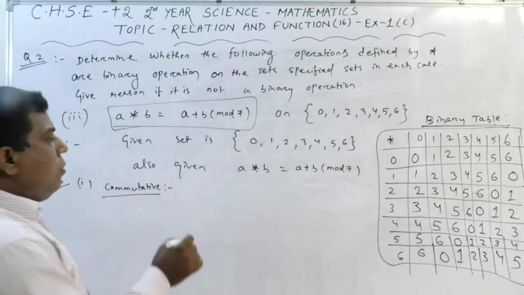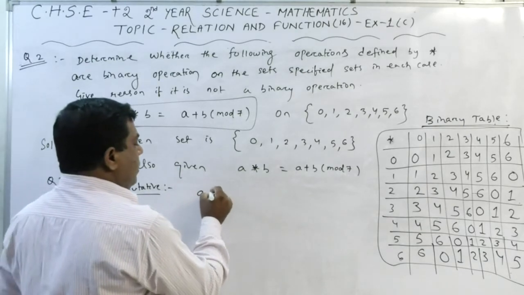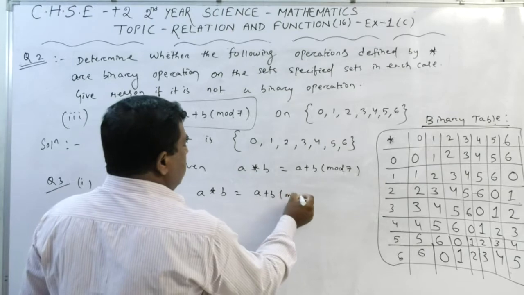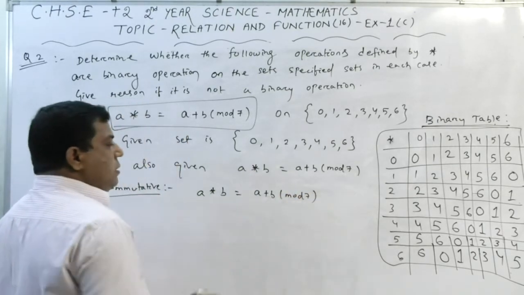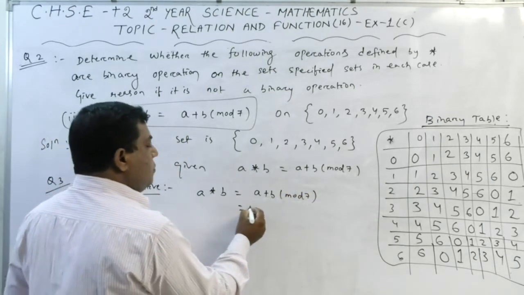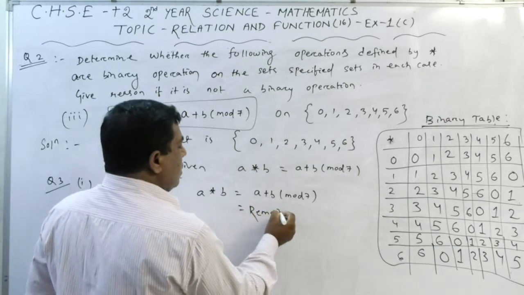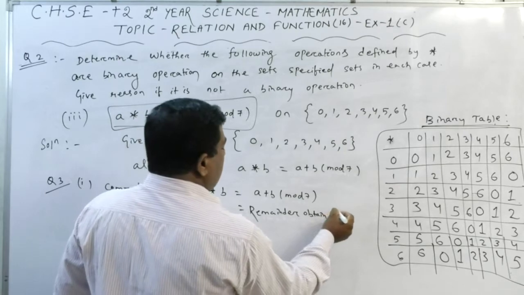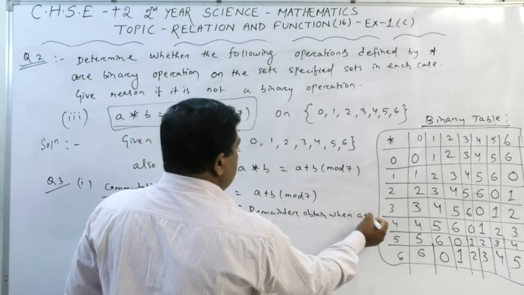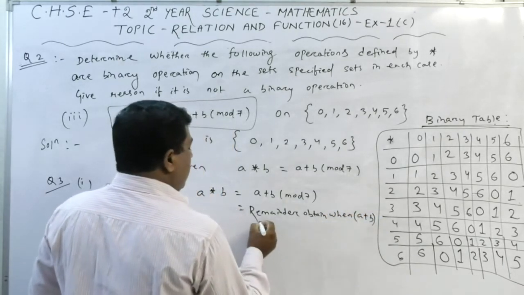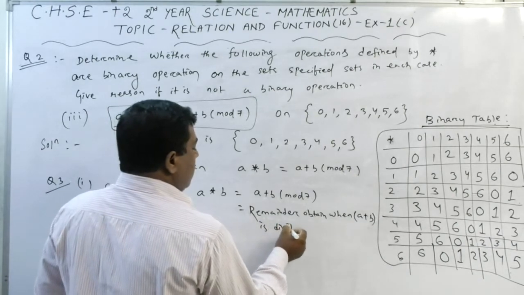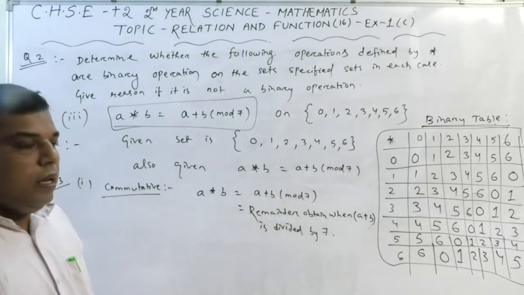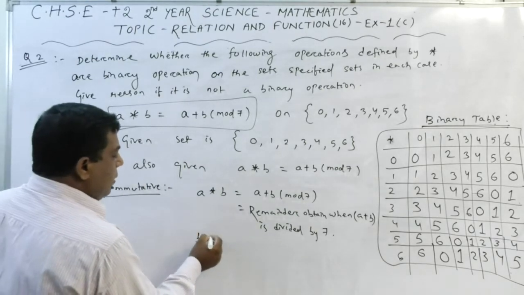Now, what is A star B? It is defined as A plus B modulo 7, and what does it mean? The remainder obtained when A plus B is divided by 7. That is what it means. And what is B star A?